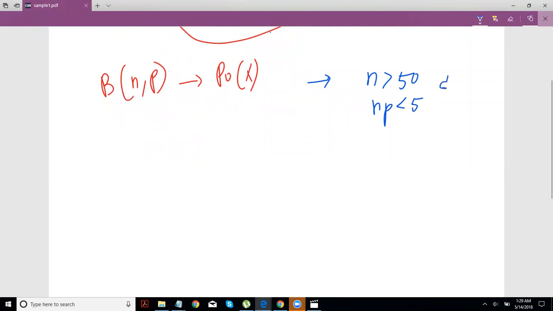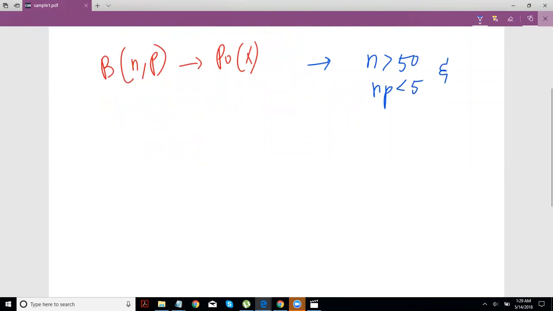Both these conditions need to be fulfilled in order for you to approximate. And the idea here is that since lambda is basically your mean, and mean, as you should know, and I think it's even given in your MF9 table, is the product of number and the probability. You do so, you get Poisson.